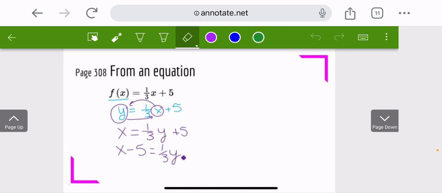So I need to multiply this whole side by 3 and this whole side by 3. Not just the x, the whole thing. So we're going to have that our y is, and we're going to distribute over here, 3x minus 15.